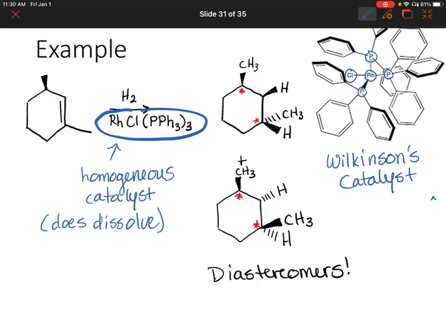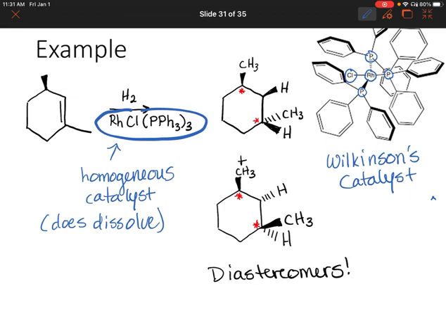Now, what's really cool too is a scientist by the name of William Knowles in the 60s, he developed a way to perform asymmetric hydrogenation, so anti-addition of those hydrogens. So he was using a chiral version of Wilkinson's catalyst, essentially.